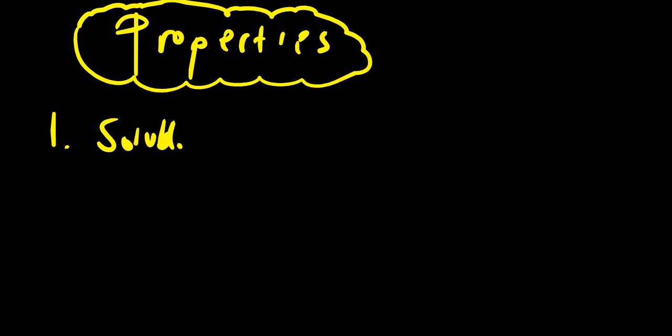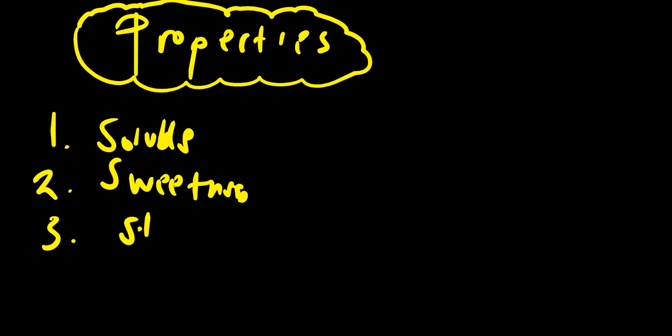Number 2 is sweetness. Disaccharides are sweet, but they are less sweet than monosaccharides. Then the other thing is that disaccharides are generally more stable than monosaccharides. Then we can also talk about how disaccharides are digested.